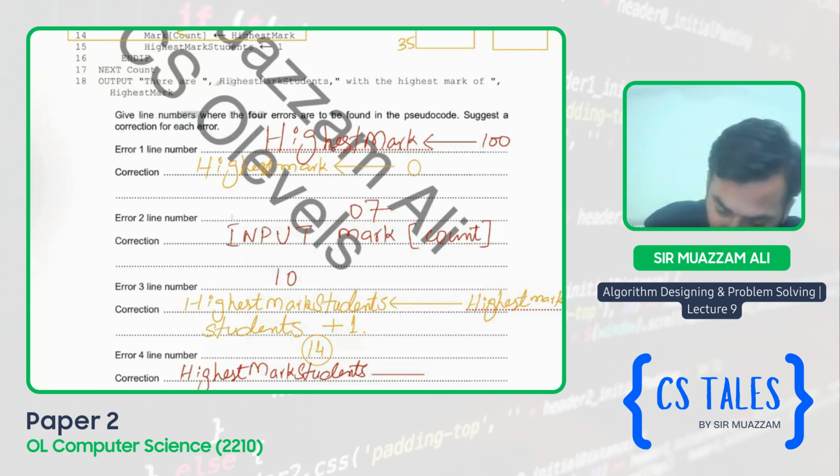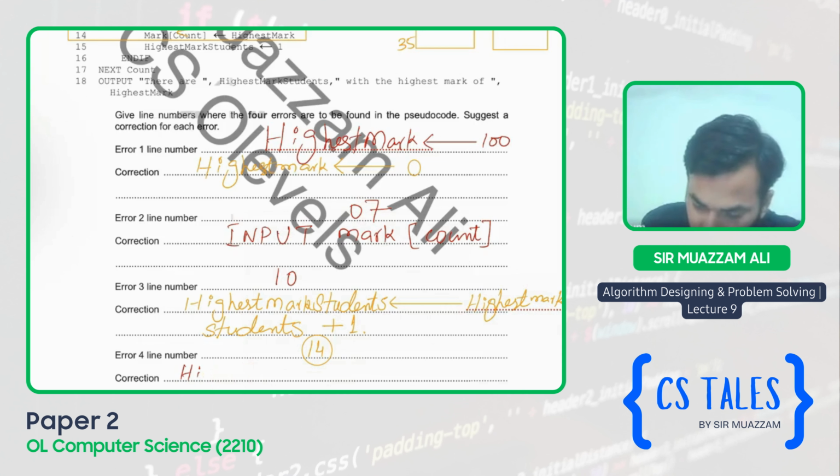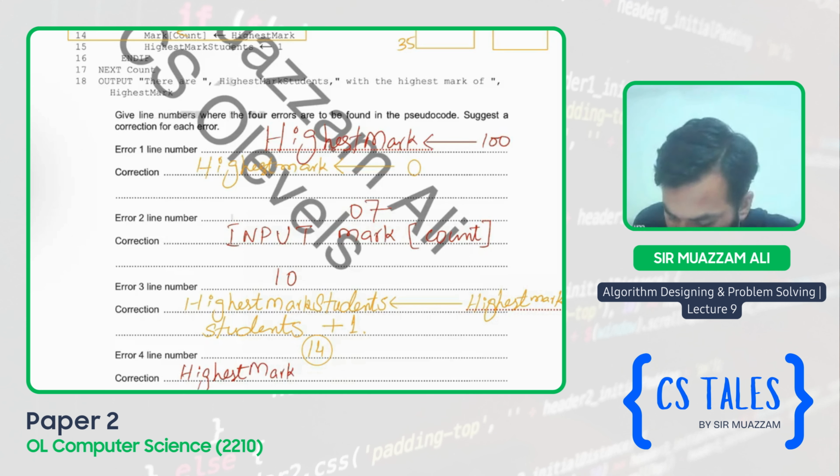Basically, this highest mark is written over here. What should we write? We write highest mark, and then basically we have to assign marks to the highest mark. So we will write it like that.